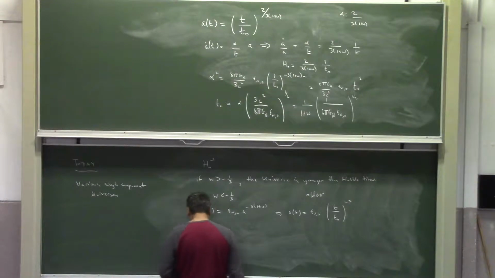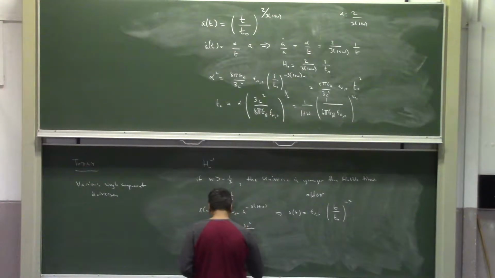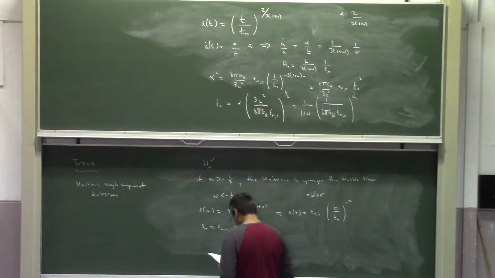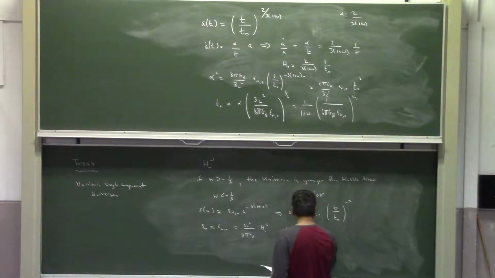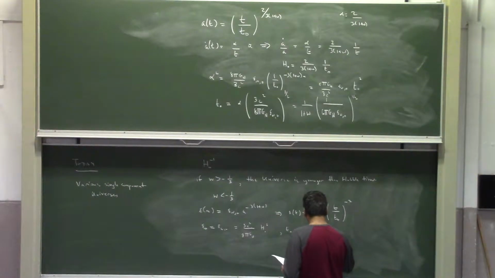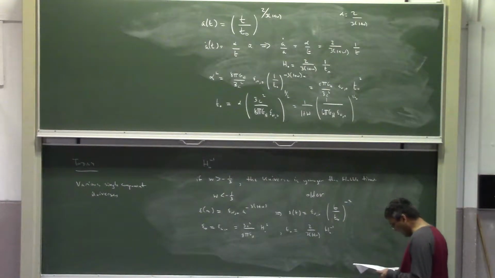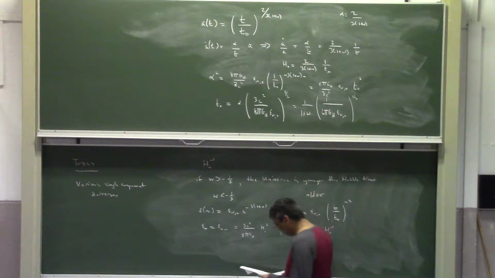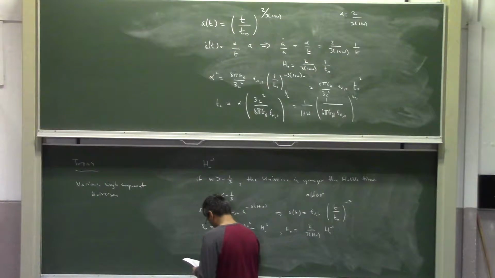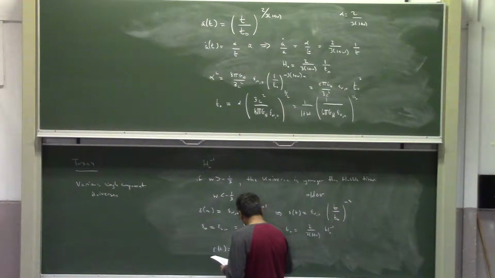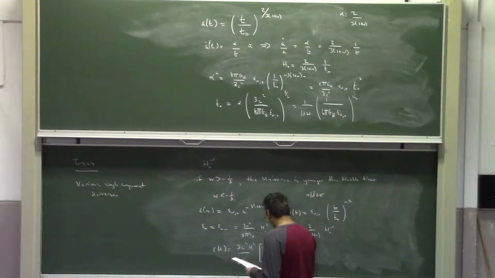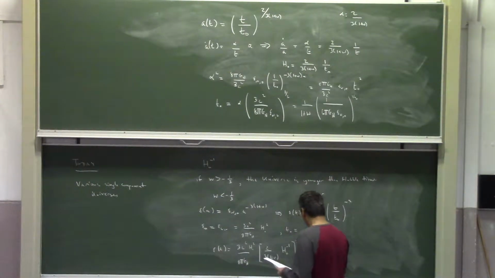We've seen that the critical value of epsilon is 3c² over 8πG_Newton times H0², and t0 is 2/(3(1+w)) H0 inverse. So we have then that epsilon of t is 3c² H0² over 8πG_Newton times [2/(3(1+w)) H0 inverse]² t^(-2).